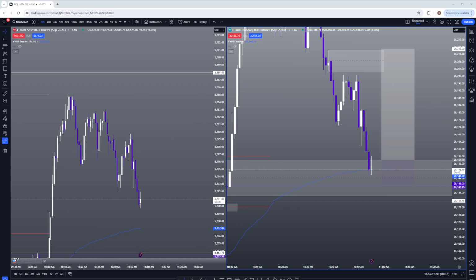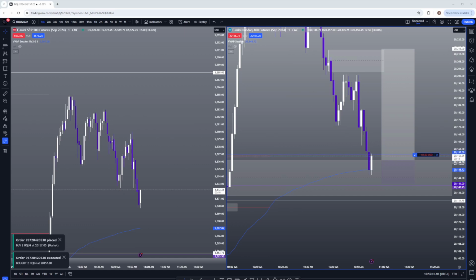Still not really getting a lot of momentum back to the upside at all. I'm starting to like that push. Starting to like that push here. So I'm going to give the longs a shot, guys.